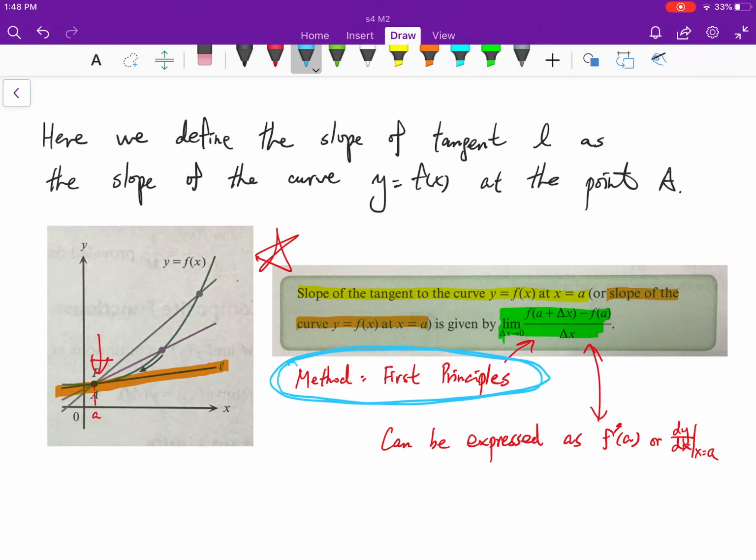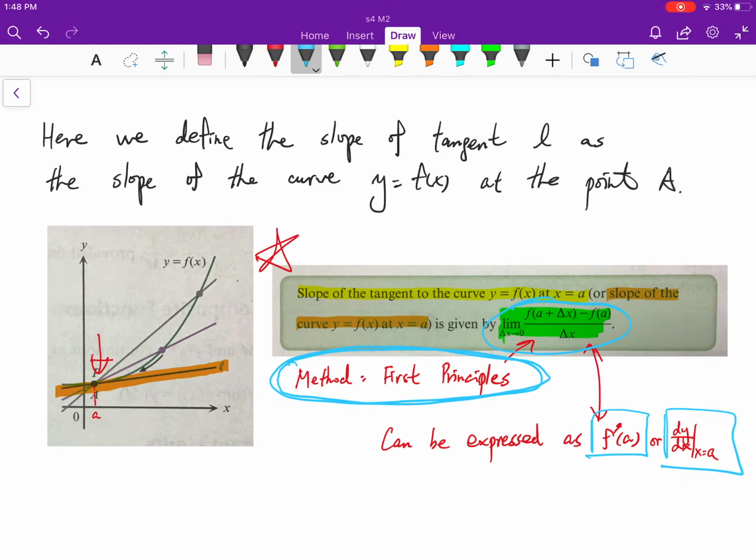Here you have two remarks. The first, this method is called the first principle. In some questions, they require you to use first principle to find this slope, so you need to remember this formula.